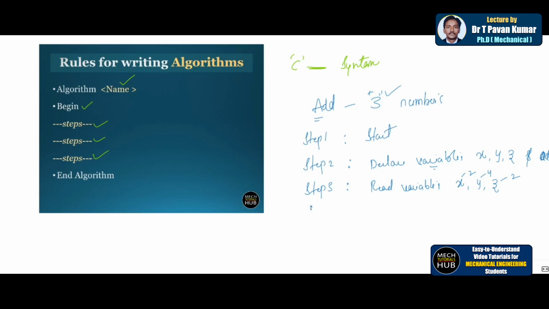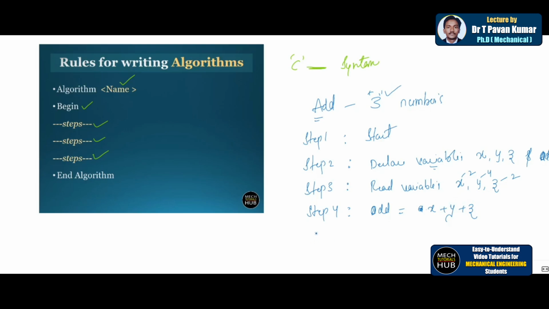And in step 4, we'll try to add. What is that? Add x plus y plus z. Now under x you have 2, under y you have 4, under z you have 2. So 2 plus 4 plus 2, the answer will be 8.